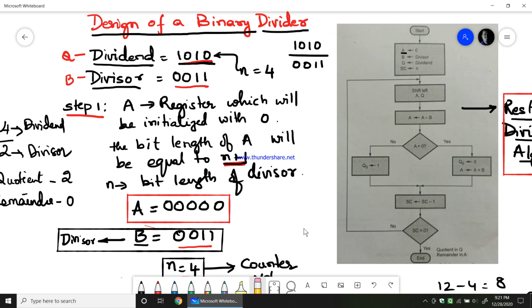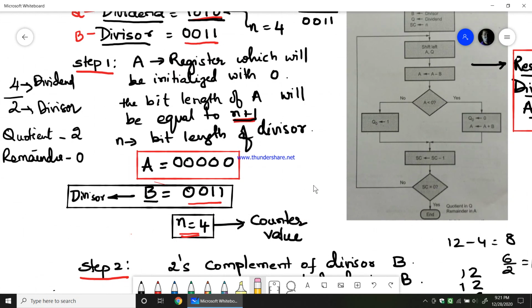Now I will assign n to be equal to 4. That is the counter value. We are going to use this counter in the restoring algorithm in the later simplification that we do, and we'll see where n is used.